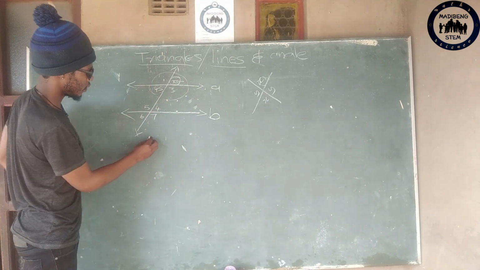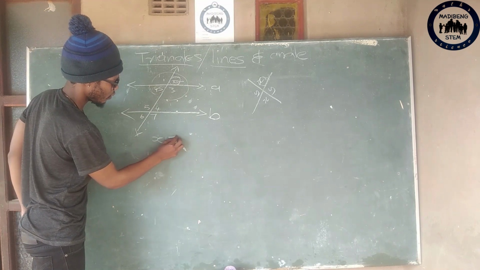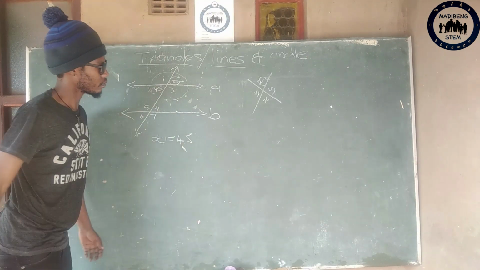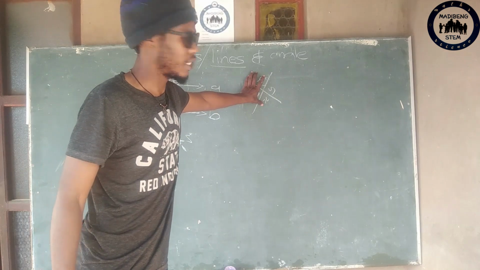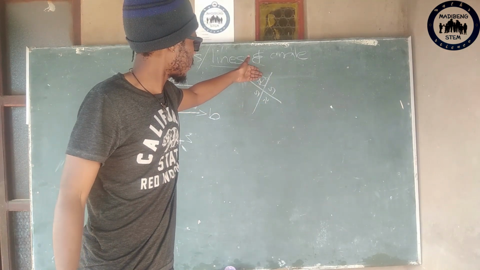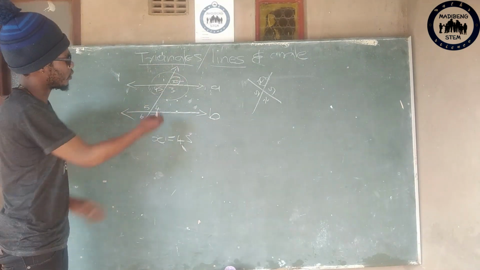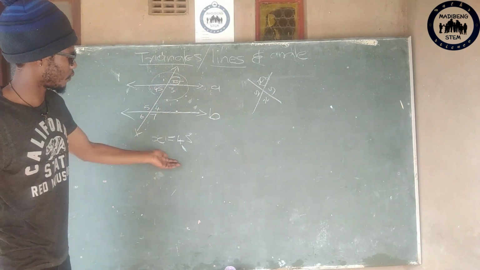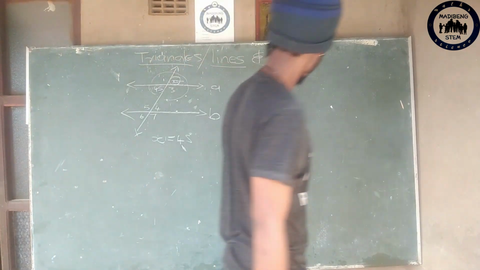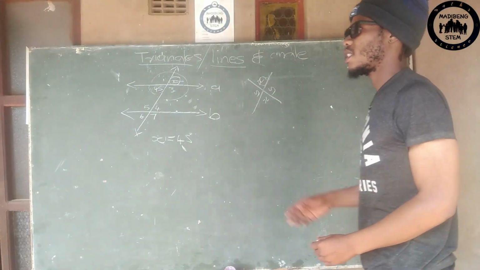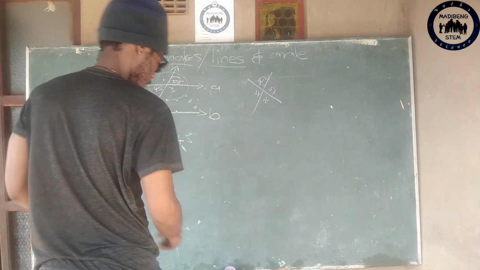So in this case, X is equal to 45. This is vertical angles.